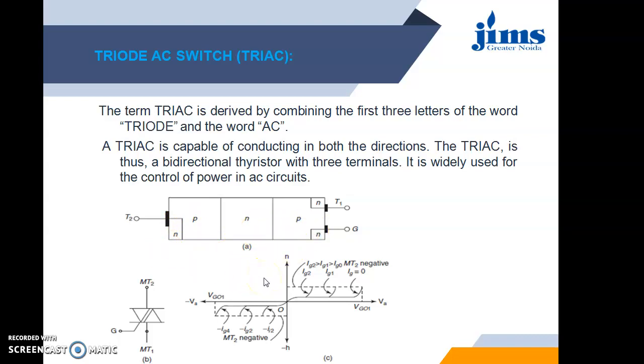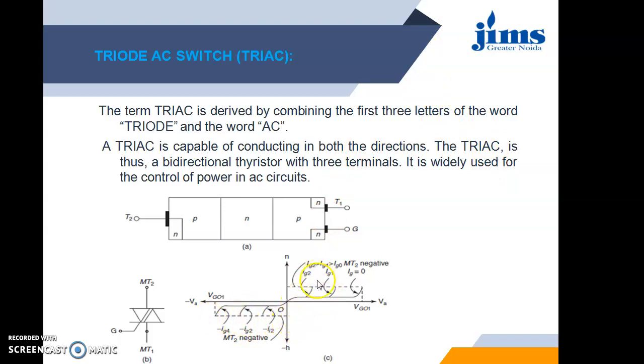We can say that there are 2 SCRs connected back to back with 1 gate terminal, and the functioning of this device will be almost similar or analogous to the functioning of SCR, except that the SCR has only 4 layers, whereas this has got 2 SCRs, where one works in the forward region and the other SCR works in the reverse region or negative region.